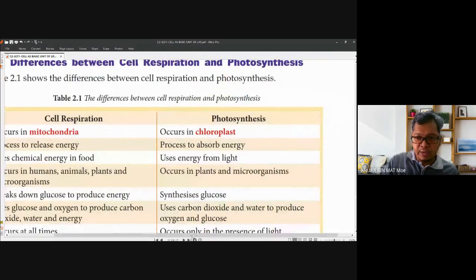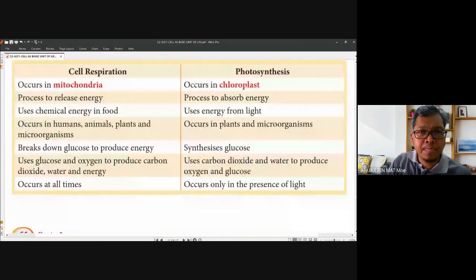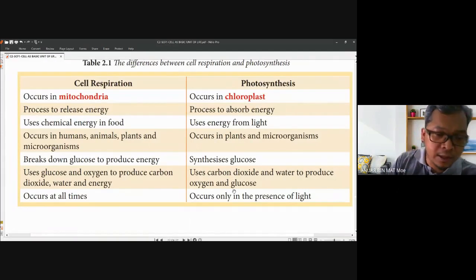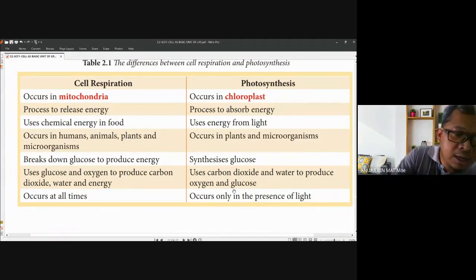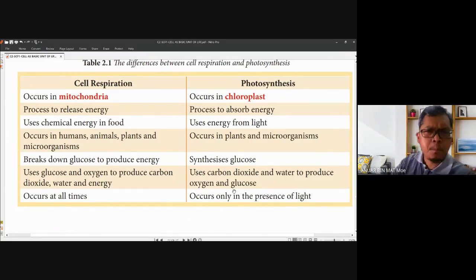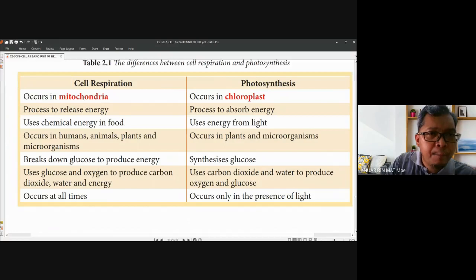Next one, the last topic for today. What are the differences between cell respiration and photosynthesis? I hope you're able to compare these two processes. We go one by one. Cell respiration happens in the mitochondria.